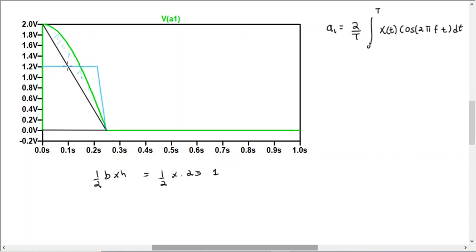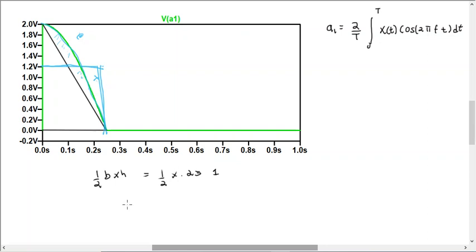So here's the original shape, and if I draw it out here, I'm overestimating the shape here, but I'm also underestimating it. So I'm trying to get this area here and this area here to match by eye.